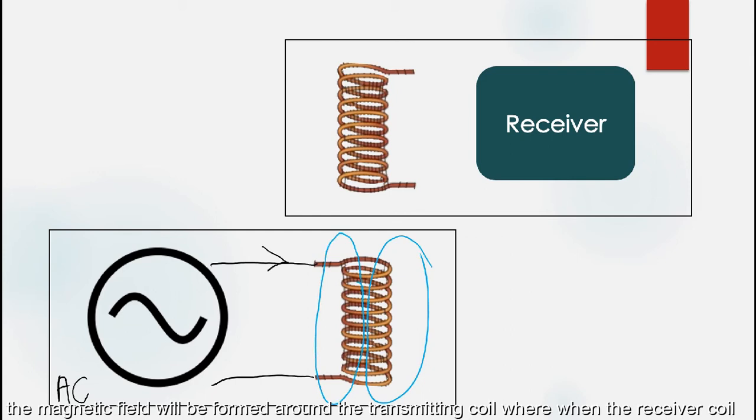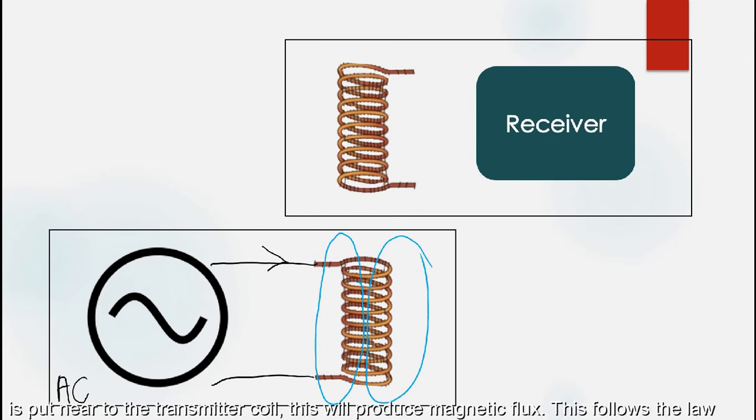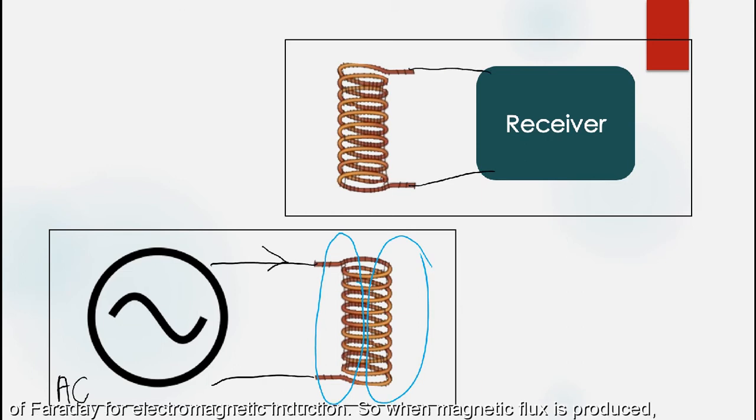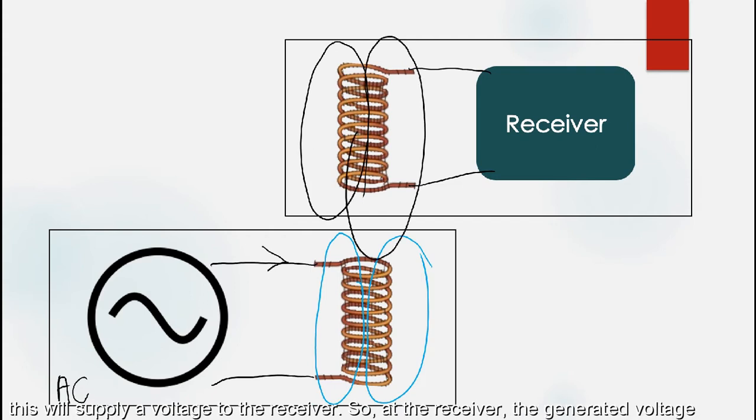When the receiver coil is put near to the transmitting coil, this will produce a magnetic flux. This follows Faraday's law of electromagnetic induction.